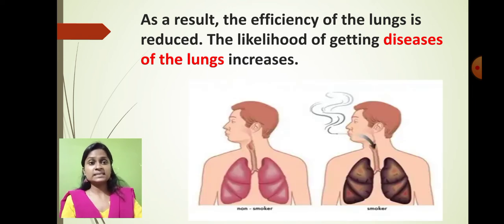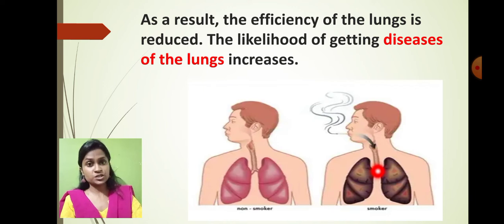So guys, you can see over here, can you see this person has healthy lungs and this person has smoking lungs? Can you see the difference between that? This person is not inhaling the smoke and that's why the lungs are healthy. But this person is purposefully inhaling the smoke. And because of the smoke, you can see that the lungs are completely damaged because of the accumulation of toxic substances.